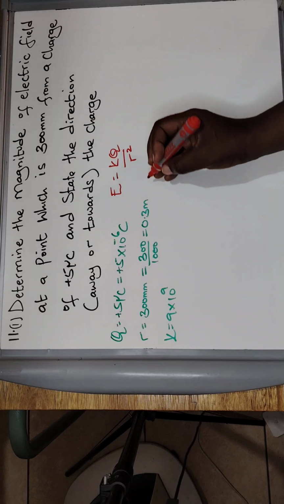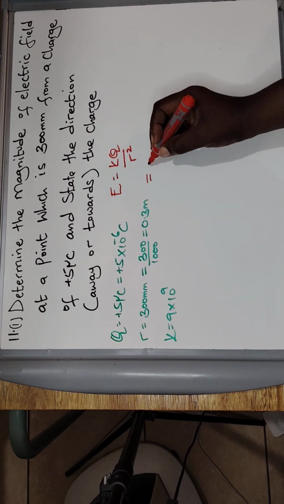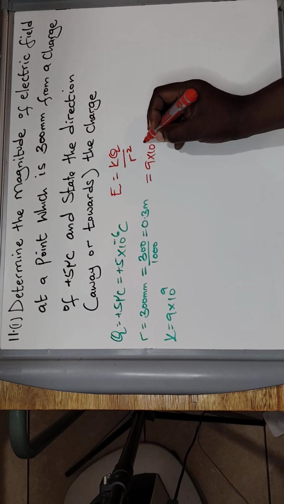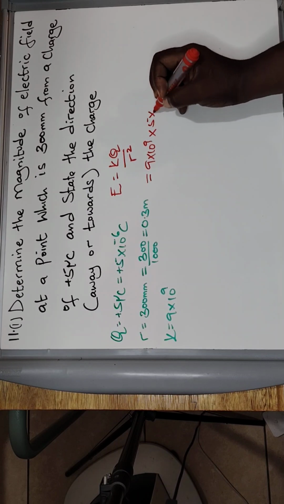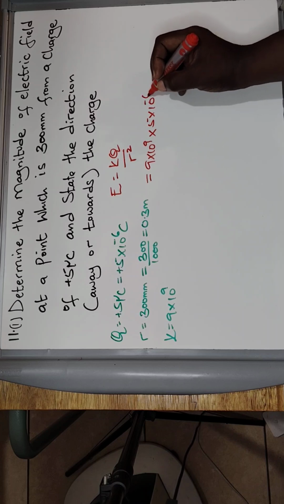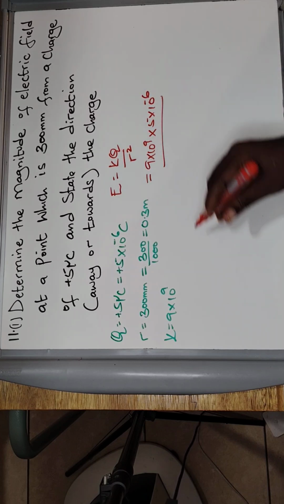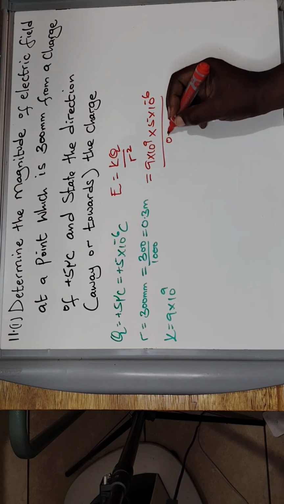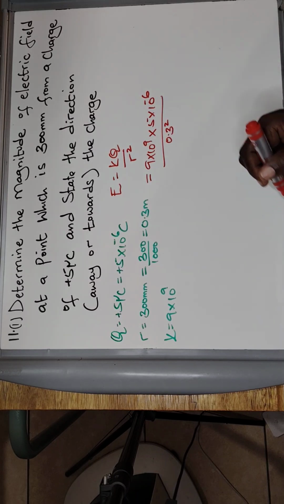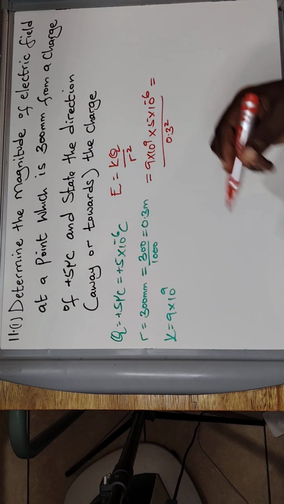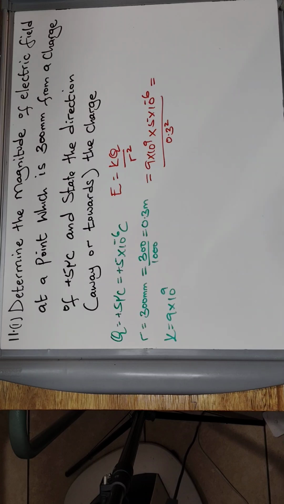So when you substitute in here, what do we get? You have the K, and you have the charge, which is 5 times 10 power minus 6, and then you have 0.3 squared. And what you get out of that is going to be the electric field at a point.